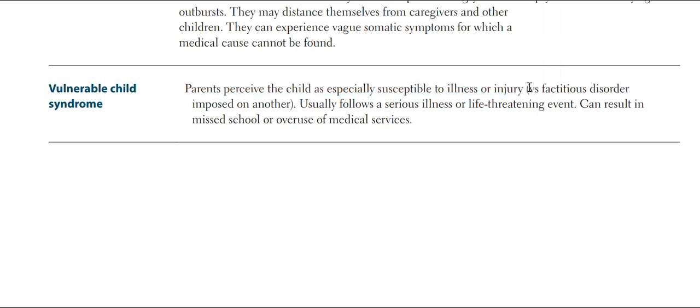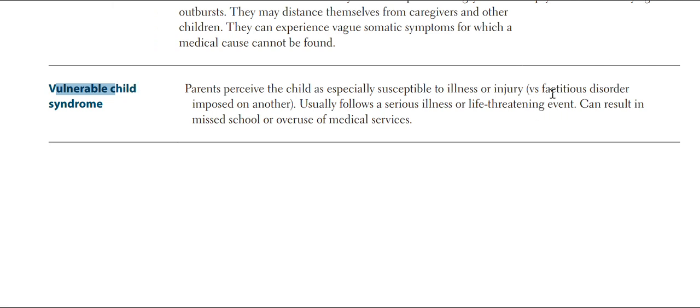Now, they also say it's very different from factitious disorder imposed on another, because people with factitious disorder would also bring their child to the hospital multiple times. The difference is that in vulnerable child syndrome, you won't see any actual illness in the child, it's just a concern.